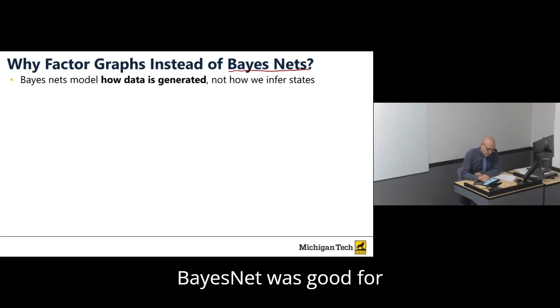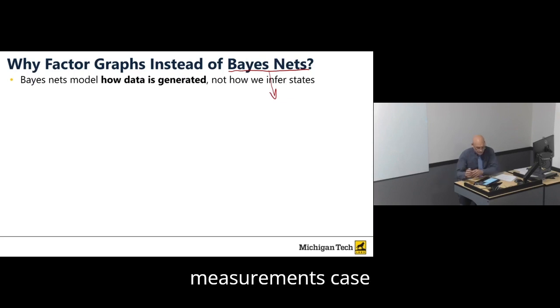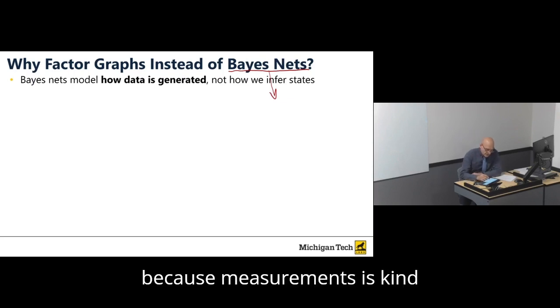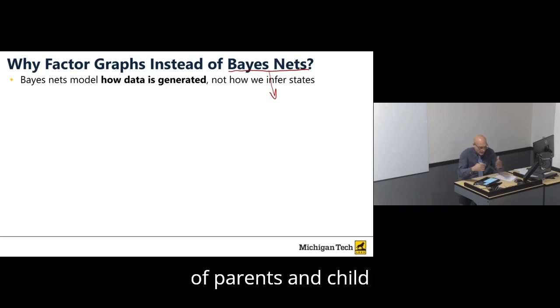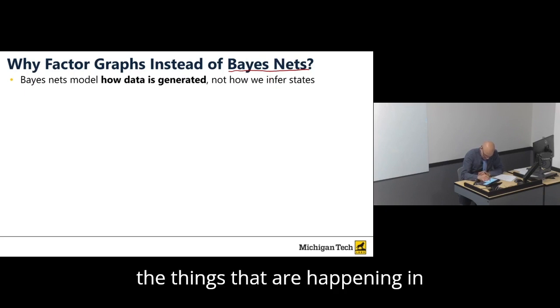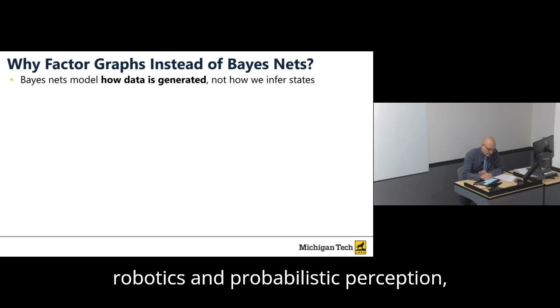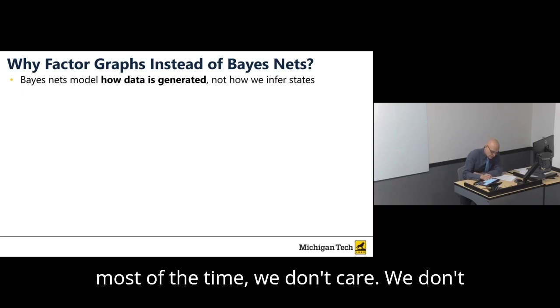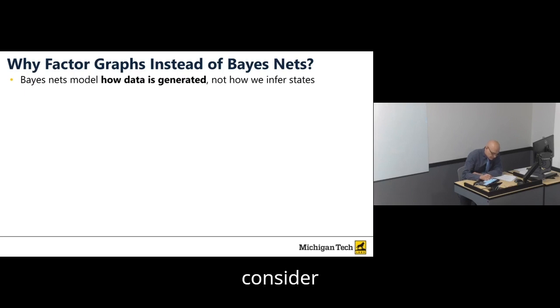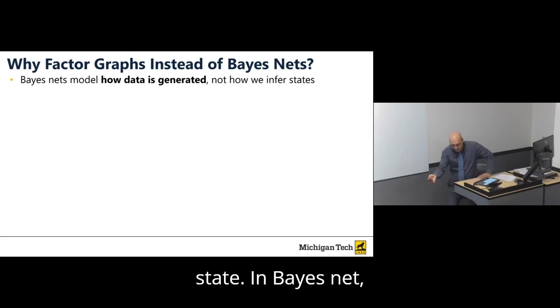BayesNet was good for the measurements case because measurements are a kind of parent and child relationship, but in robotics and probabilistic perception, most of the time we don't consider measurements as a state.